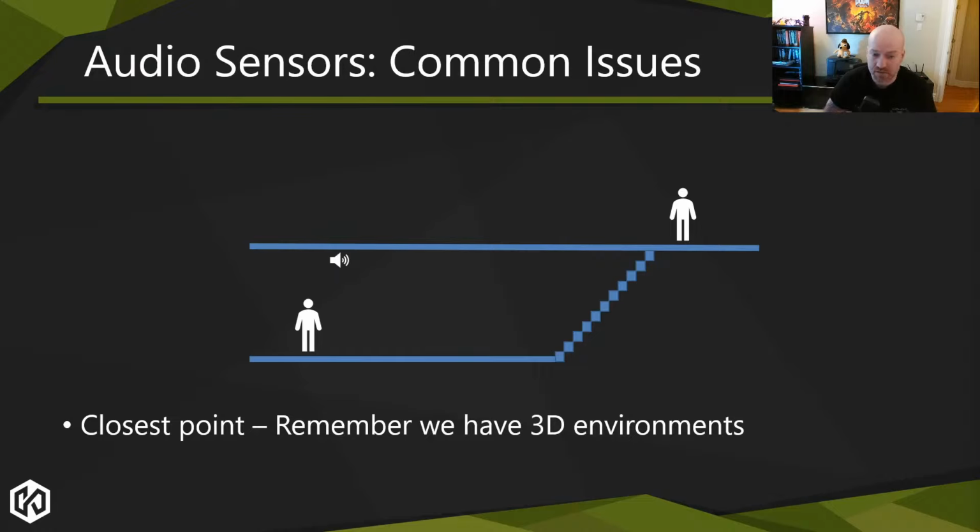Another headache is, even if I do the nav mesh thing, what's the closest point to a sound? A lot of times people forget that we have 3D environments, and this was an actual bug. I still remember that somebody triggered a sound on the roof downstairs. And we said, what's the closest point in the nav mesh? Well, we got the floor above it, not the floor below.